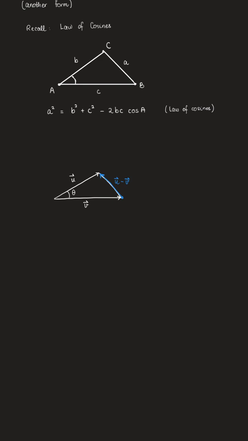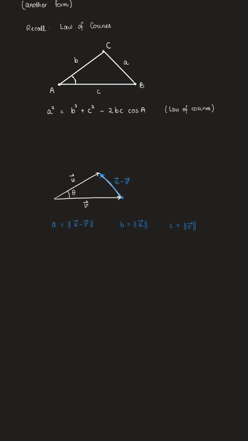So the side opposite, what corresponds to side a in the triangle at the top, will be the magnitude of u minus v. And what corresponds to side b at the top will be the magnitude of vector u. These are the lengths of the sides of the triangle. And what corresponds to side length c in the triangle at the top is the magnitude of vector v.